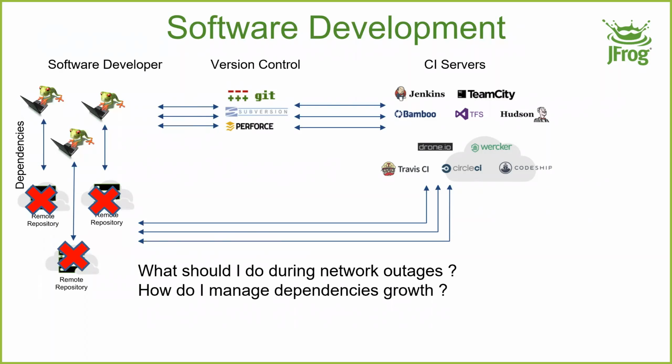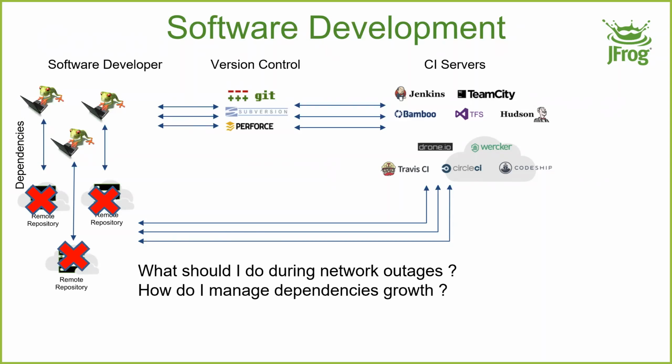The only way would be to get this new dependency, or new dependencies, because you have more actually, and to copy it from your developer workstation to your CI server, which is not really the right way to do it.